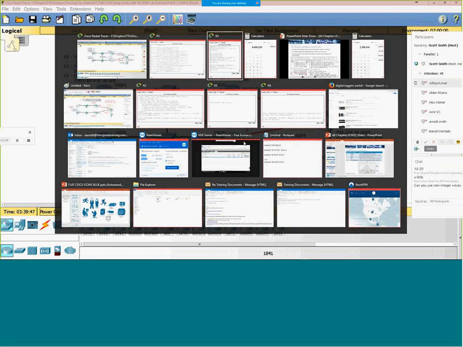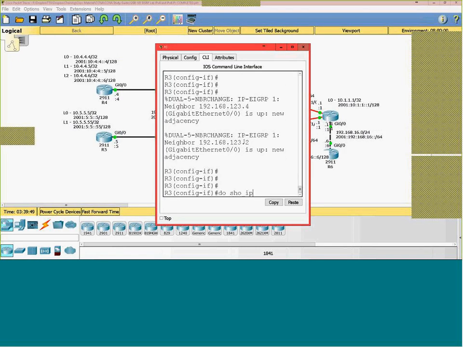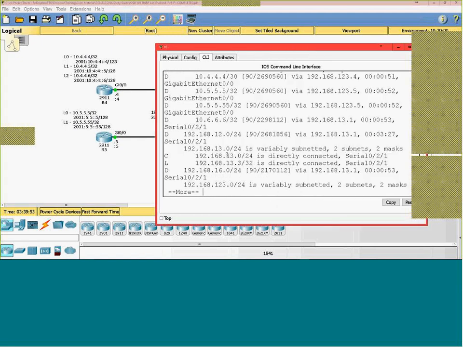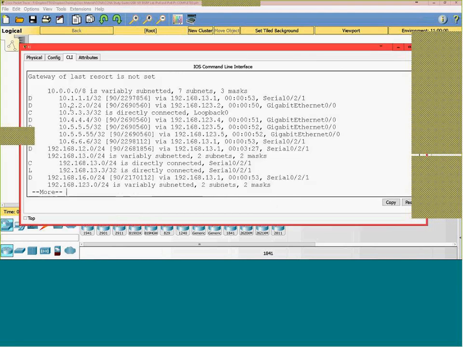Let me go see. Do show IP route. I can see if it's outside the variance. If I look at the routing table on 269.0560, it's not more than 4 point. Remember, it's reported distance, right?